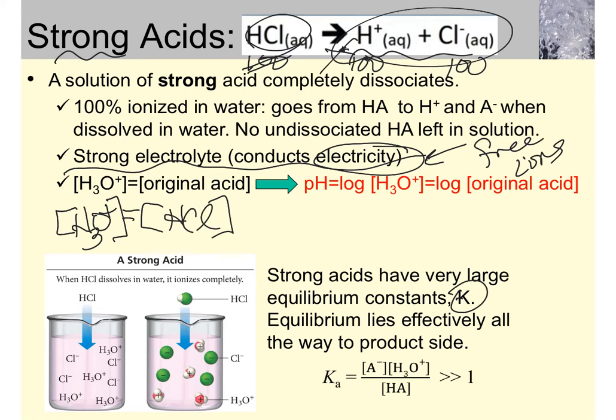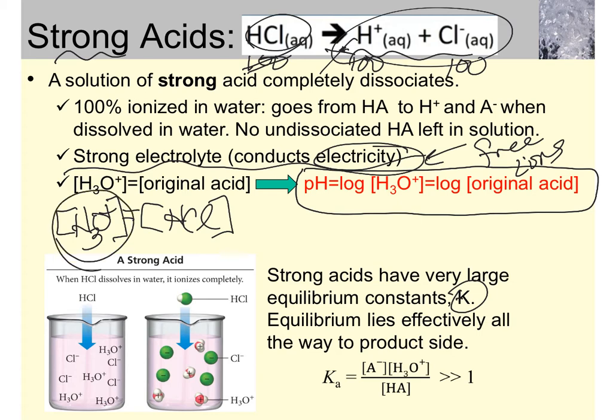One last thing about strong acids: because they completely dissociate, and because the concentration of hydronium ion equals the original concentration of the intact acid, pH is really easy to find for strong acids, okay? So here's the formula we've been using for pH.